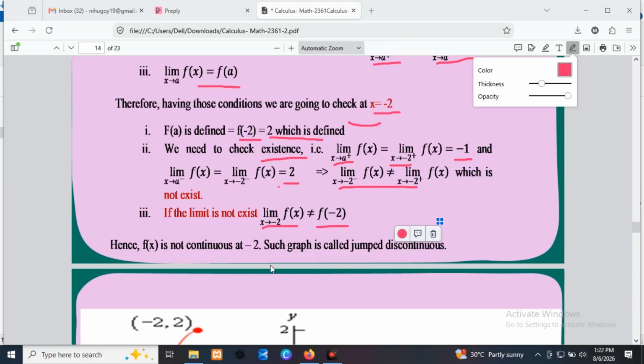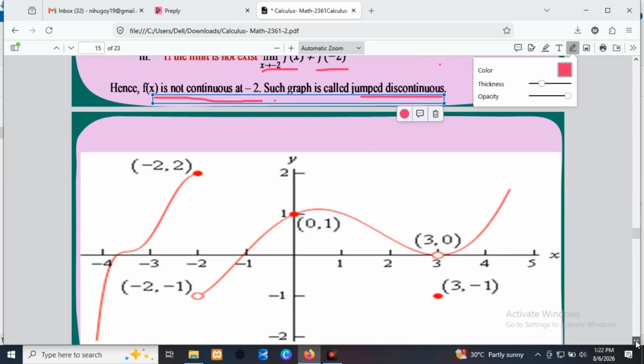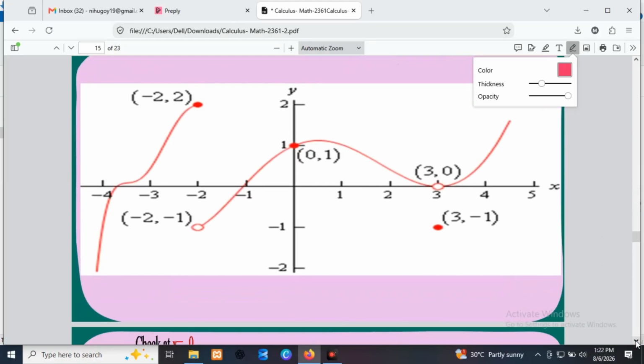Hence f of x is not continuous at -2. Such a graph is called jump discontinuous.